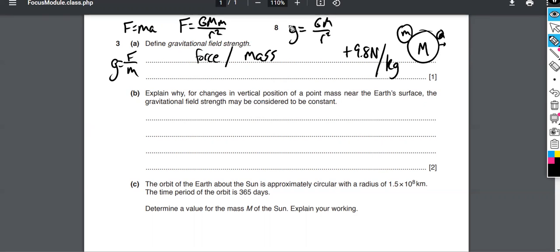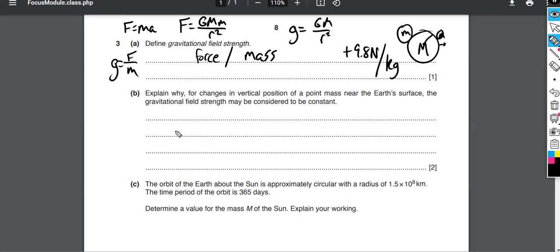So if this is the way that we calculate the gravitational field strength, where r here is the radius of the planet, in this case the radius of the Earth, then the reason why the gravitational field strength g may be considered to be constant is because if we add a tiny height to the radius, it's not going to change the denominator too much.